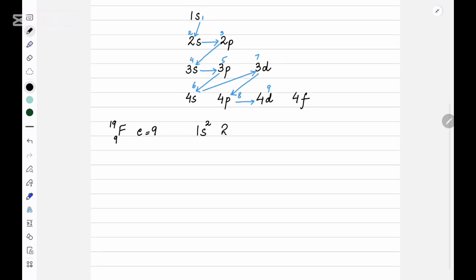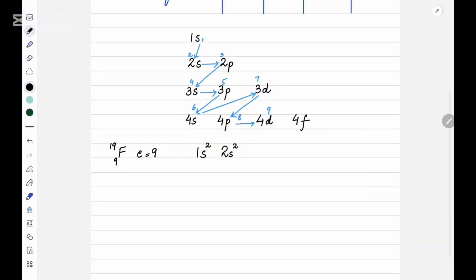Then we have 2s, which again holds a maximum of 2 electrons, and then 2p. How many electrons are remaining? We have 5 electrons, so 2p will have 5 electrons.